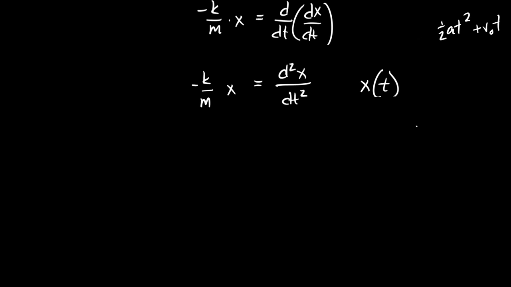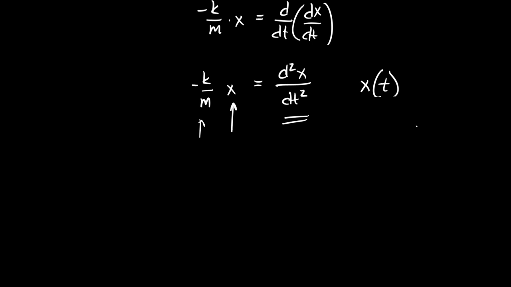This says, if you have x as a function of t, and you take the derivative twice, you will get back the original function. That's what it says. Times a constant. Now, you guys in calculus, name a function that when you take the derivative, you get back the original function.